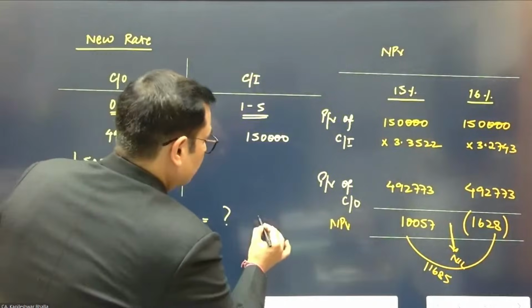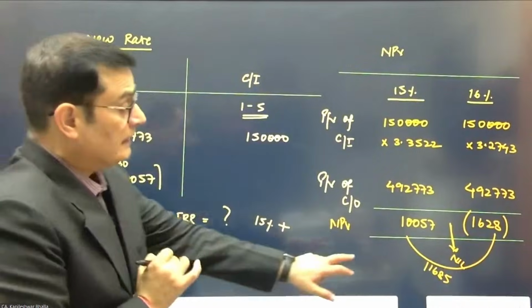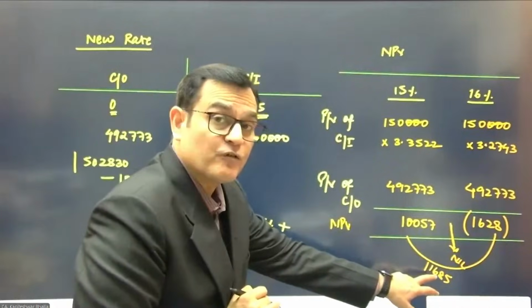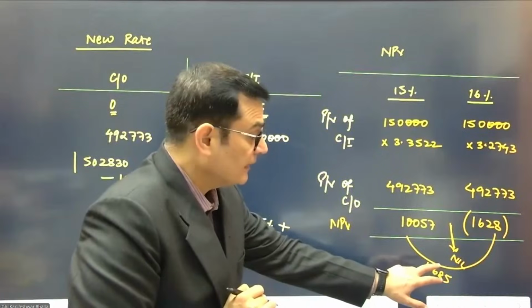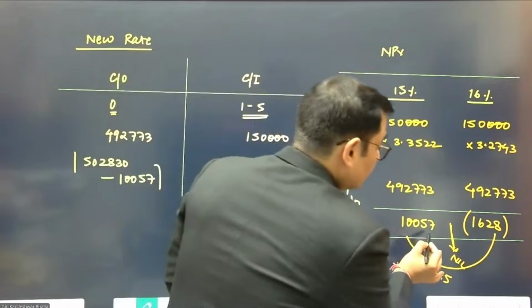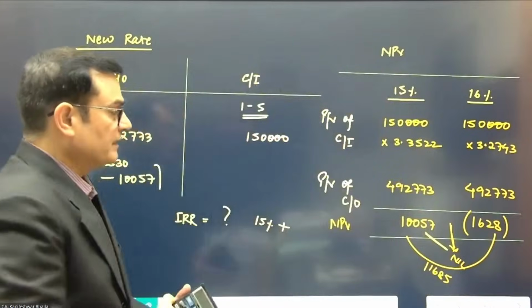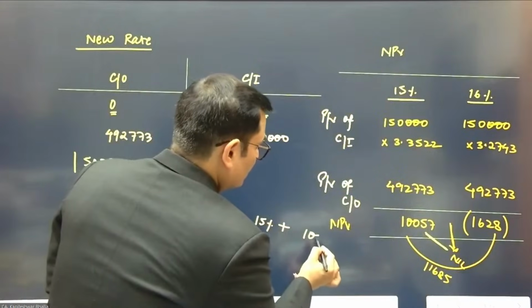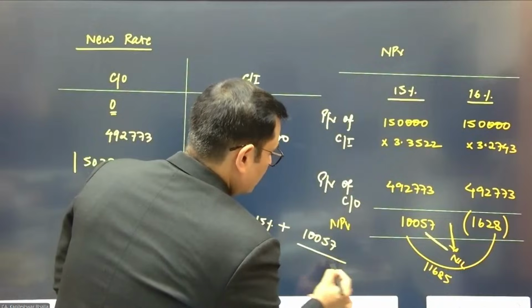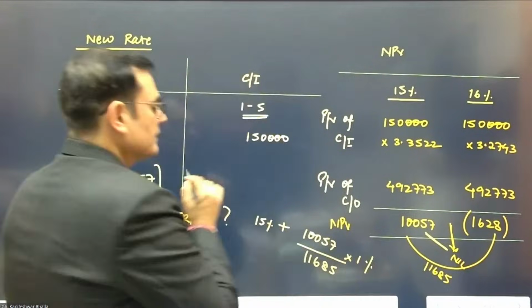So we can apply a unitary method in this case to calculate the IRR. The IRR is supposed to be 15% plus. 11,685 is the difference for 1%. So what is this percentage representing? It's going to be 10057 divided by 11,685 into 1%.